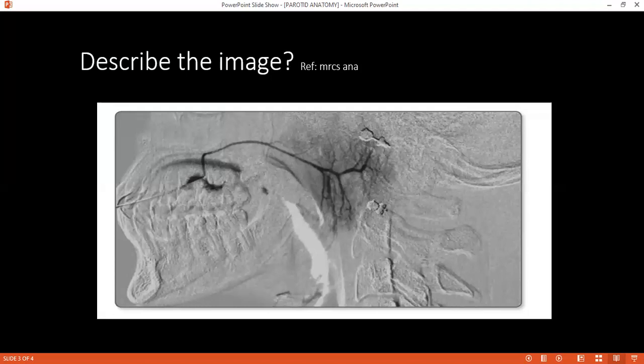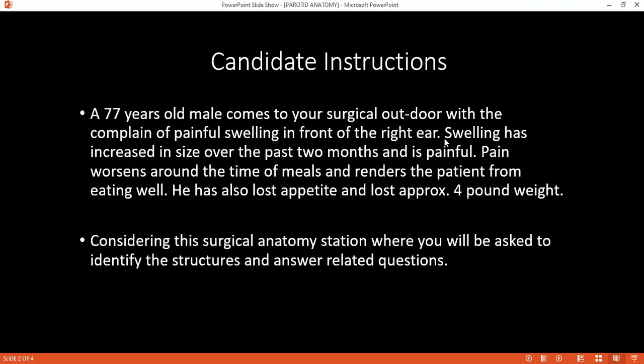Reading this stem, the patient presented with swelling. How would you rule out the condition of this patient? What tests would you ask for?